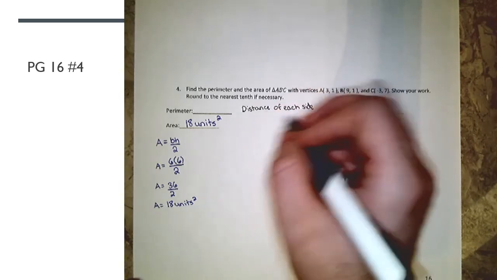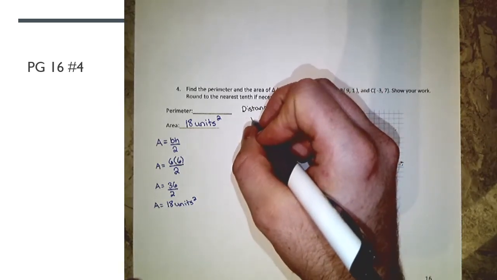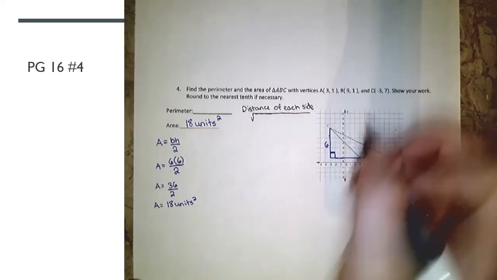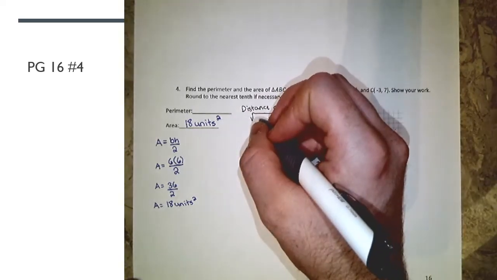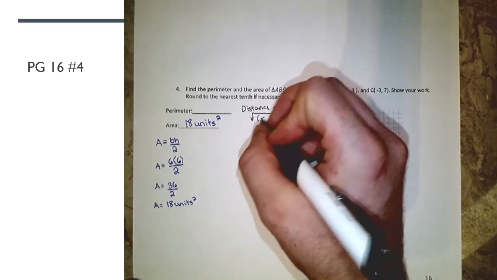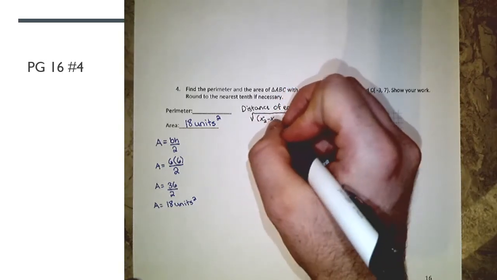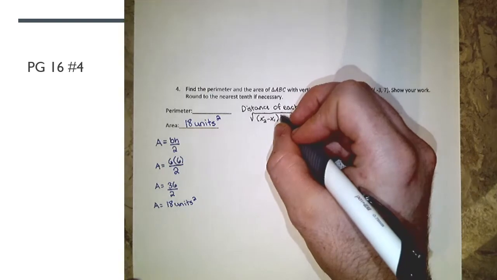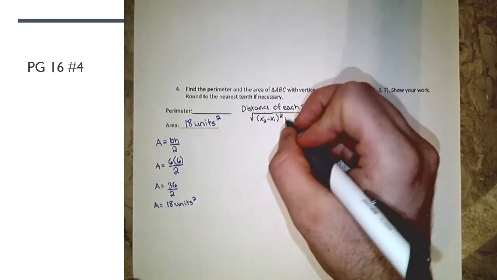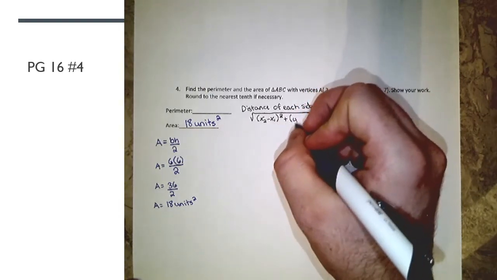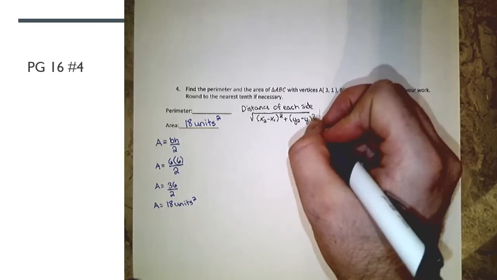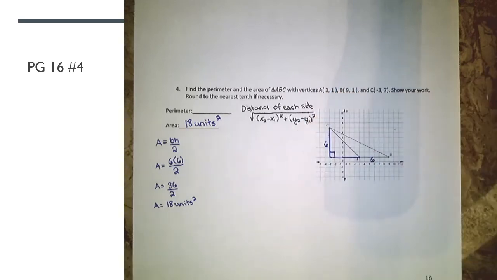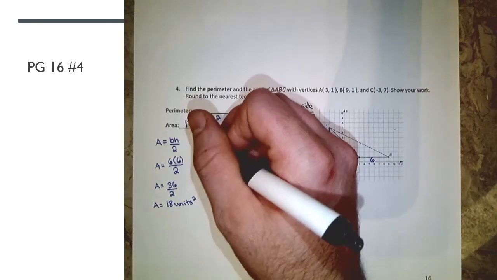To find the length of them, we're going to have to use the distance formula. It's all going to be underneath the square root symbol. You have (x2 minus x1) squared plus (y2 minus y1) squared. So that's the formula we're going to use.